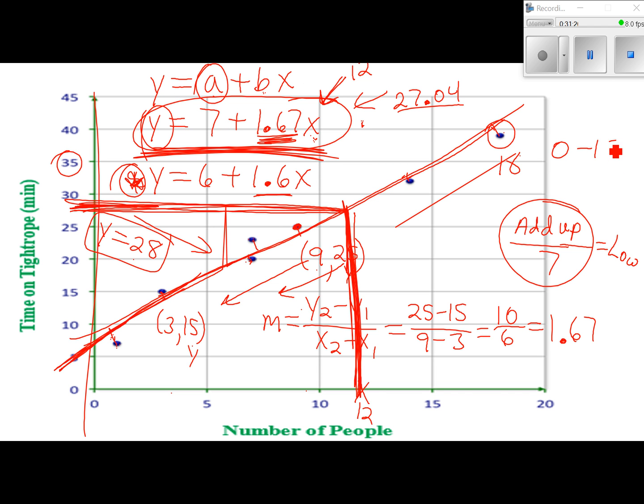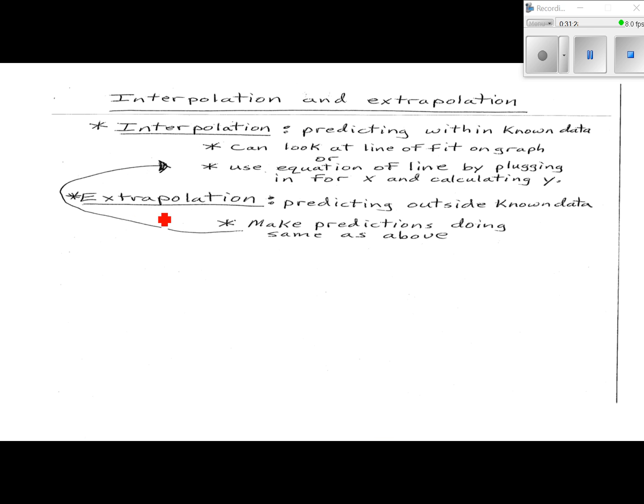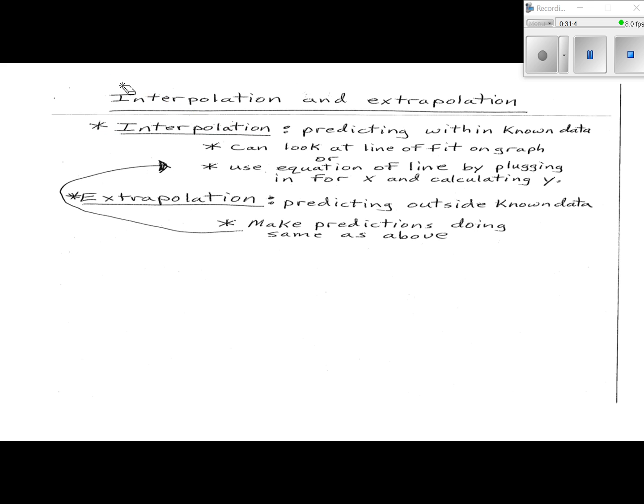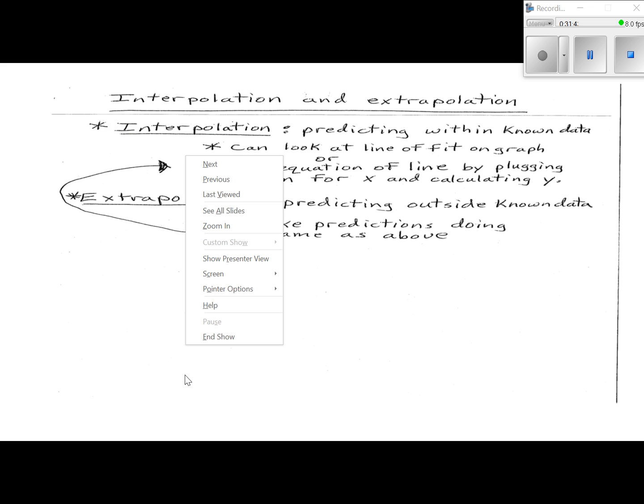If we're within that range and we're making predictions off of the data that we actually have here, then that's called an interpolation.